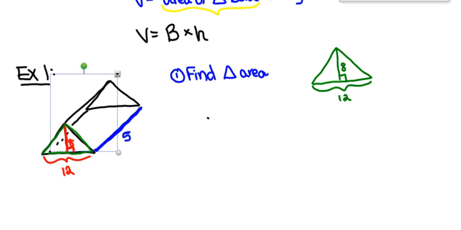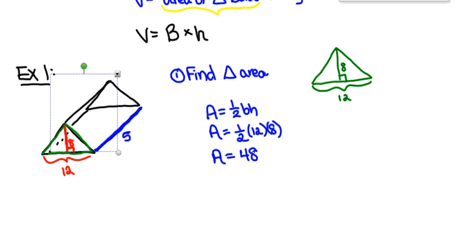So the formula that we use to find the area of a triangle is 1/2 times base times height. So my base of my triangle is 12, height is 8. And I'm going to get my calculator out and type in 1/2 times 12 times 8. And my calculator tells me 48. So the area of my base is 48 square units.